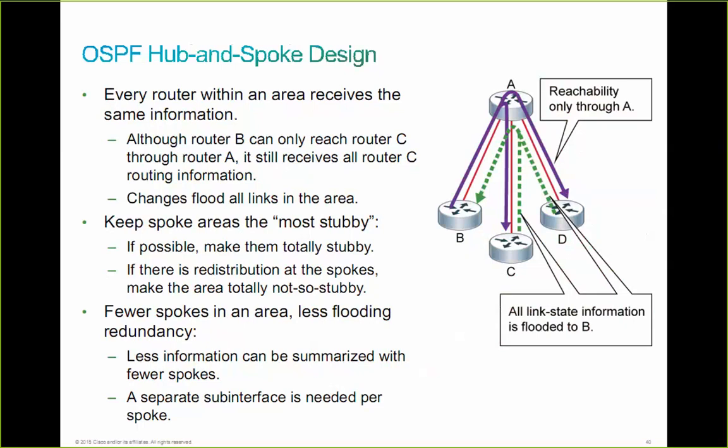A not so stubby area doesn't allow anything to be inserted except for summary LSAs, but the difference between a not so stubby area and a stub area is that a not so stubby area allows us to have an ASBR. So we're going to see type 7 LSAs injected into the not so stubby area, and then those type 7s will become type 5s when they leave the area.